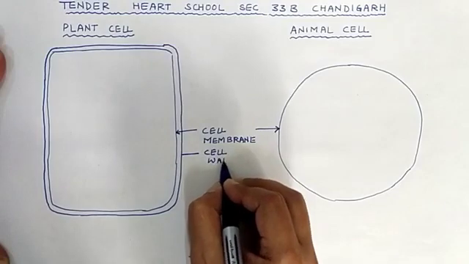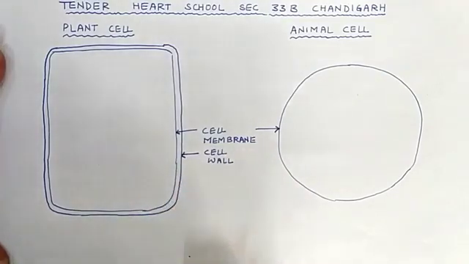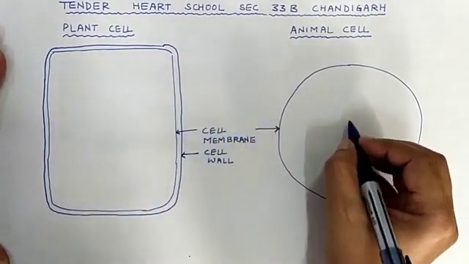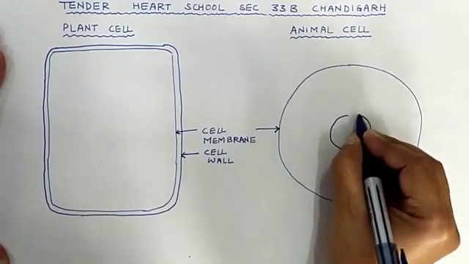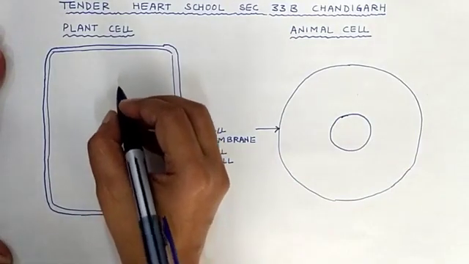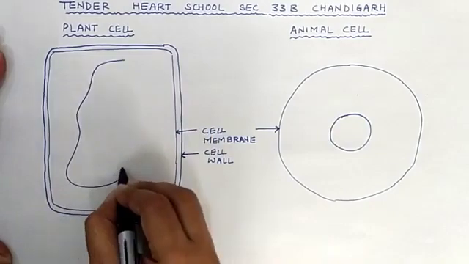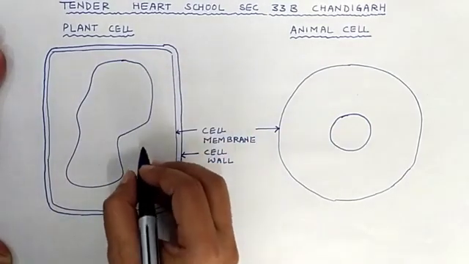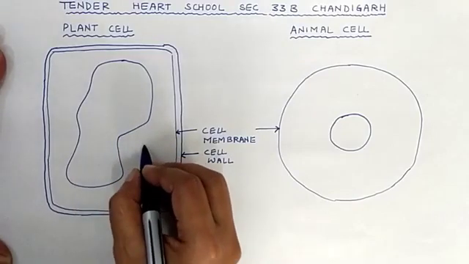Okay, cell wall. Now in the center we have the nucleus. In the animal cell, almost in the center we have the nucleus. So this is the nucleus. And in the plant cell, we have a big vacuole present in the center, which is pushing the nucleus to the periphery. So nucleus is not in the center, it is pushed to the periphery.